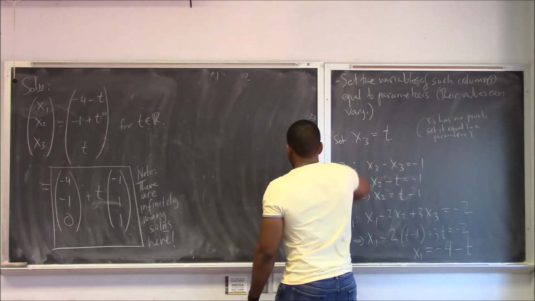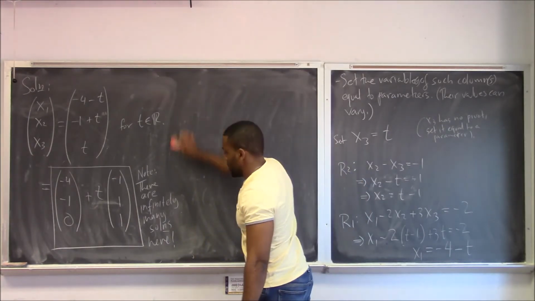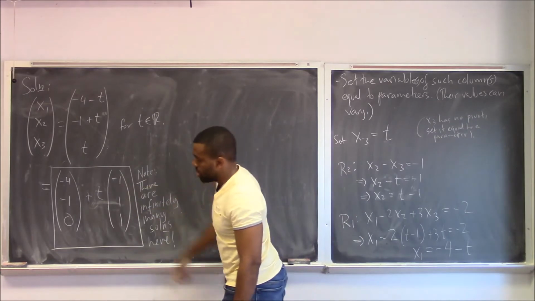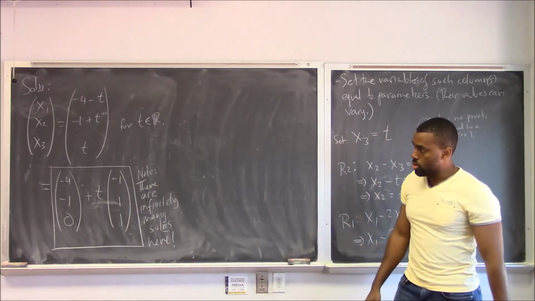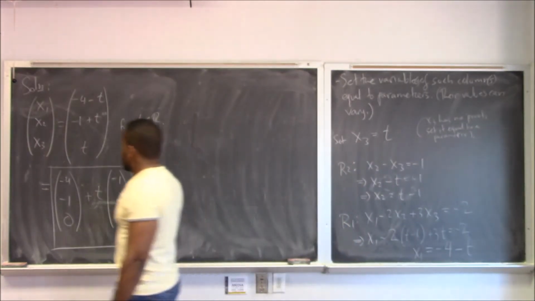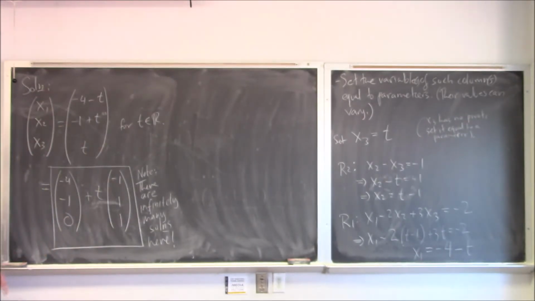For every t value you plug in, that triple of numbers will actually solve the equations that I wrote down. So I can plug in t equals 0. You'll notice that if you plug in minus 4 for x1, minus 1 for x2, and 0 for x3, all the equations will work at the same time.